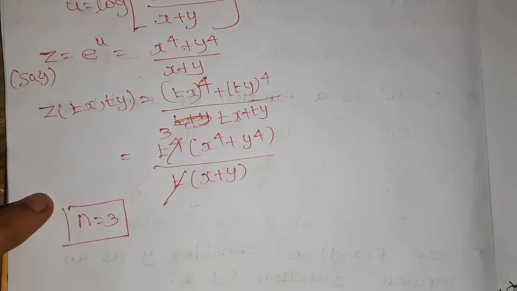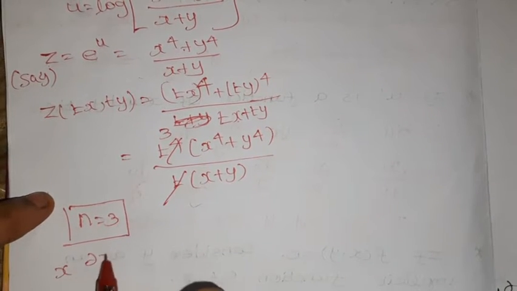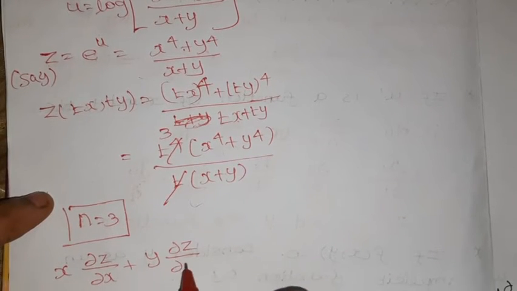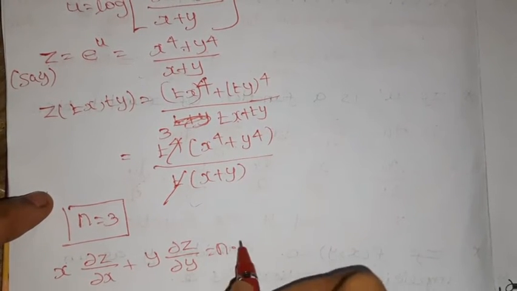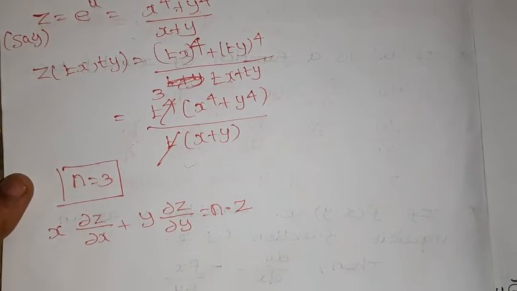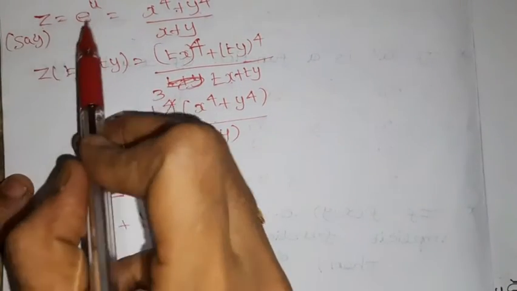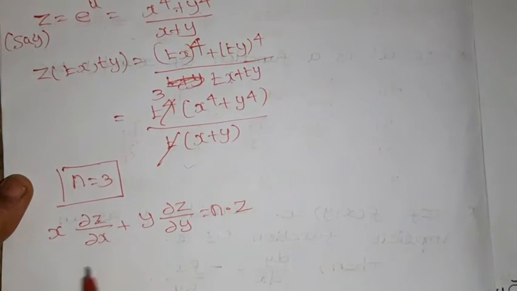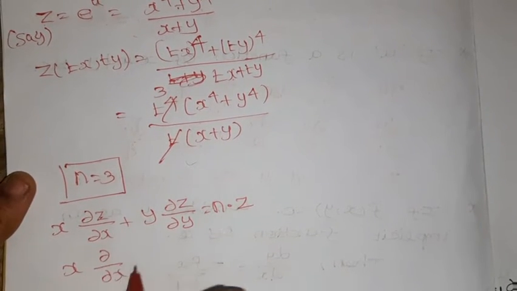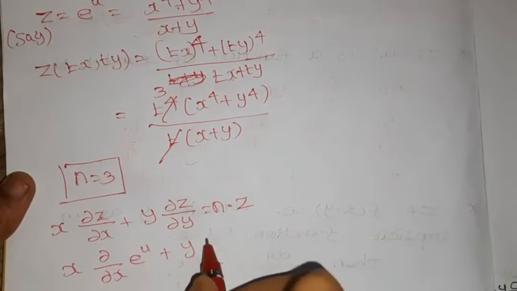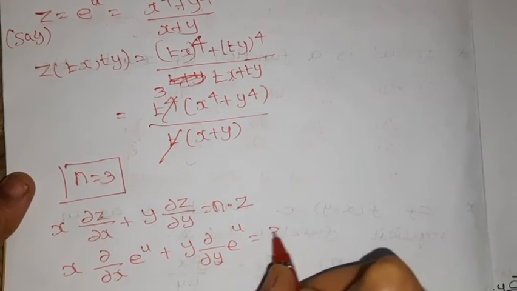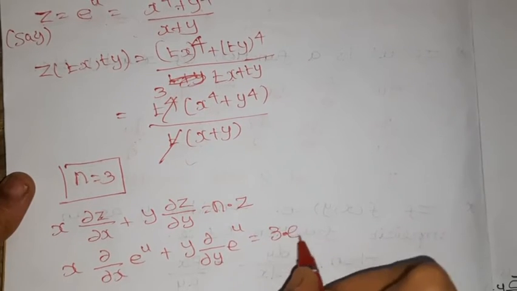Okay. Then what do we need to do? x dou z by dou x plus y dou z by dou y equal to n into z. This is Euler's theorem for the homogeneous function. So substitute z equal to e power u and n equal to 3 in that equation. x into dou by dou x of e power u plus y into dou by dou y of e power u equal to n, which is 3, into z, which is e power u.